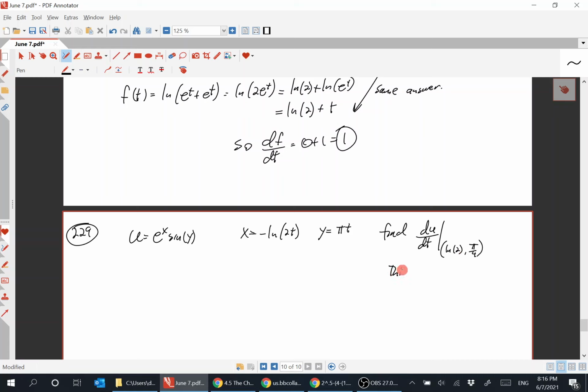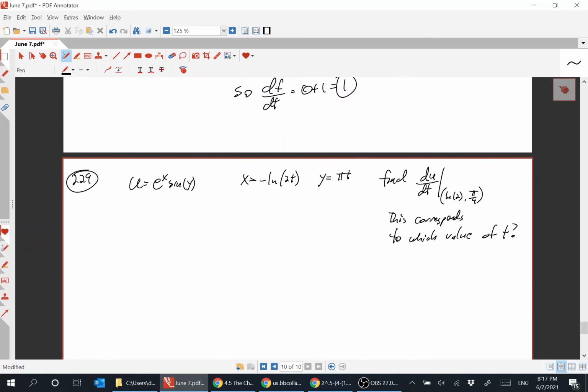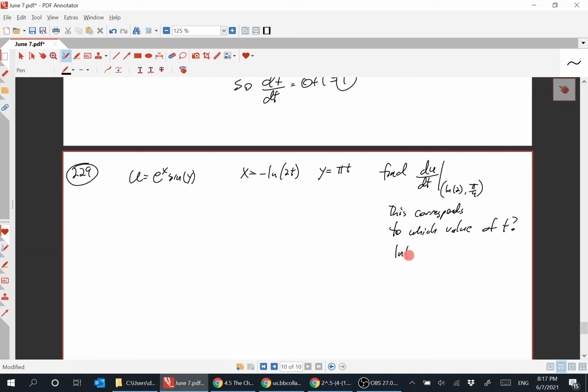So this corresponds to which value of t? Right, so if x is natural log of 2, then natural log of 2 is equal to minus natural log of 2t.